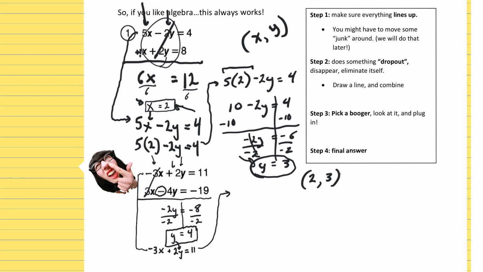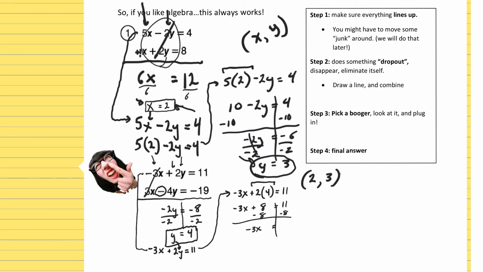Okay. So we're going to go negative 3x plus 2 substitute parentheses 4 equals 11. We know we got to take care of our math. Rewrite everything else. And then it's junk and divide. Most of you guys are really good at this.